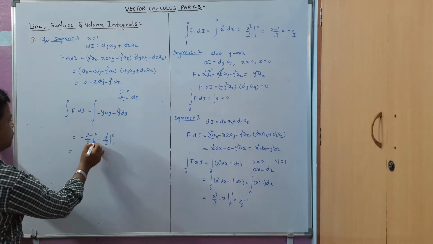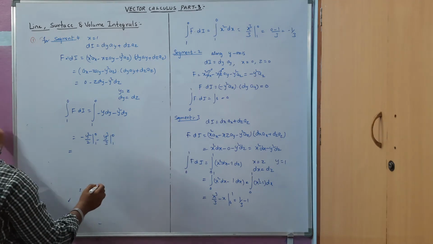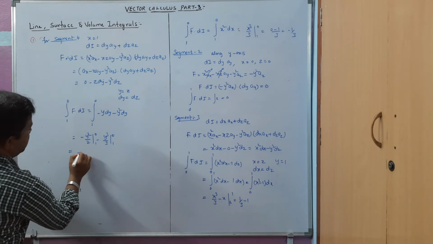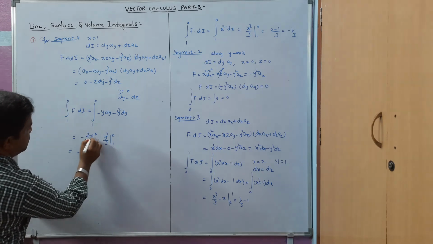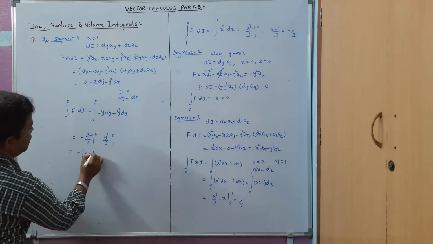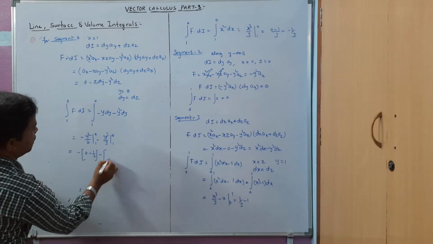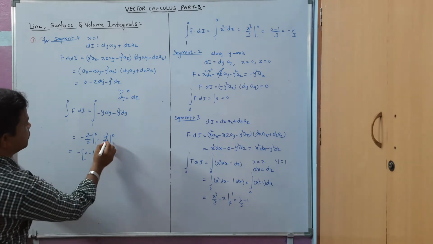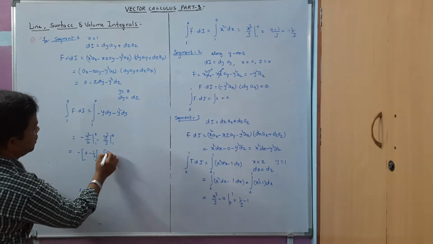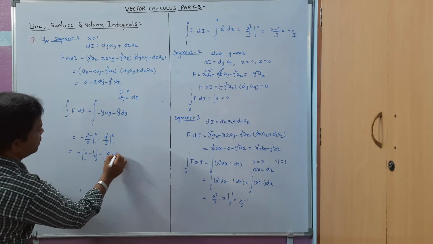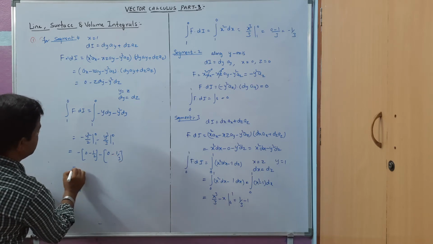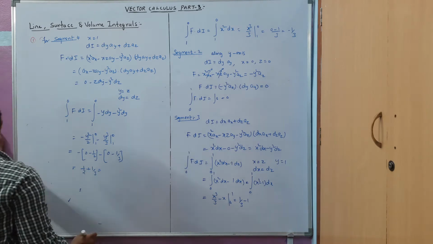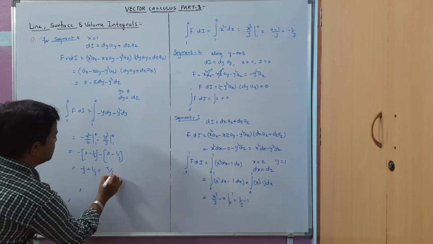So this becomes minus of 0 minus 1 by 2, next this one, 0 minus of 1 by 3. What I get here is 1 by 2 plus 1 by 2 plus 1 by 3. So I get 5 by 6.